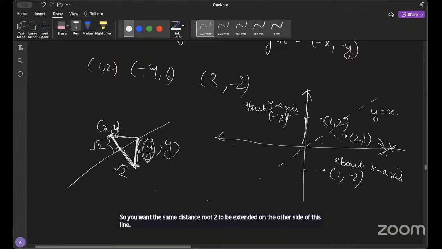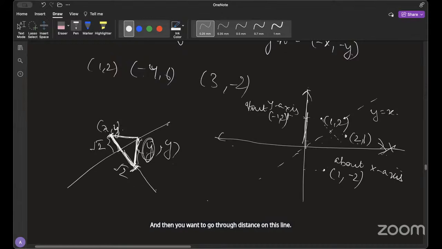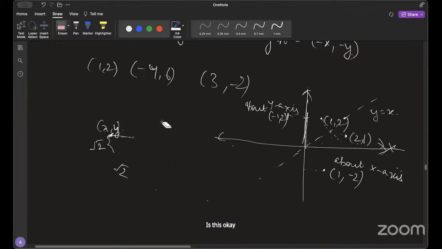You want this line to be extended, and then you want the root 2 distance on the other side of the y equals x line. Is that okay? That's the geometrical meaning of what we're doing when we say we're reflecting about y equals x. Is this okay? Yes. Okay.